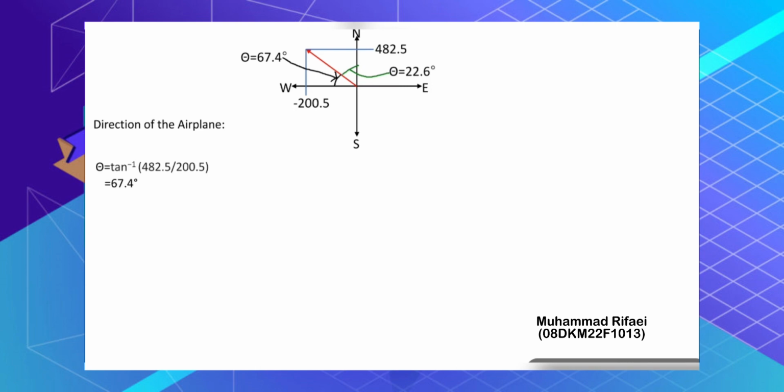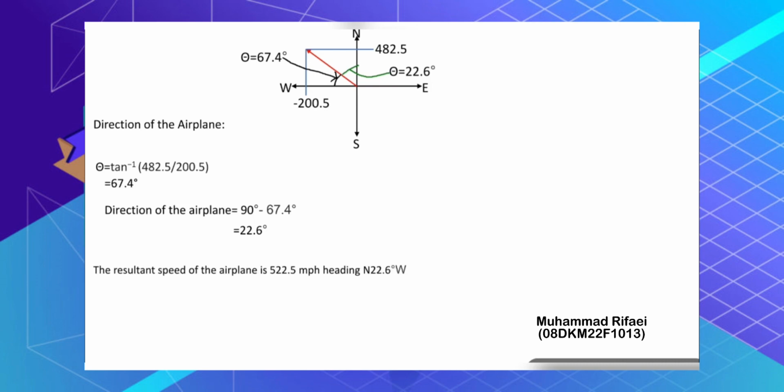But that's just the reference angle, so we need to subtract 67.4 degrees from 90 degrees, and then we got 22.6 degrees. So the resultant speed of the airplane is 522.5 miles per hour, and it's heading north 22.6 degrees west. So that's our answer for this question.